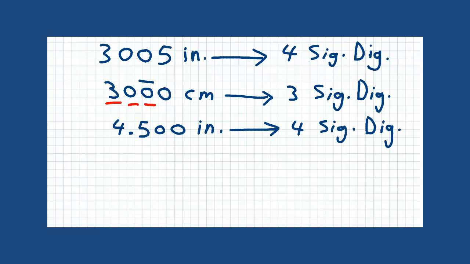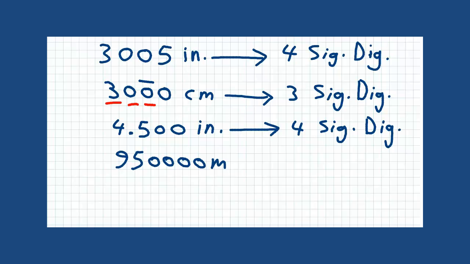Condition 5. Zeros to the right in a whole number measurement that are not tagged are not significant. For example, suppose that we have such a measurement.